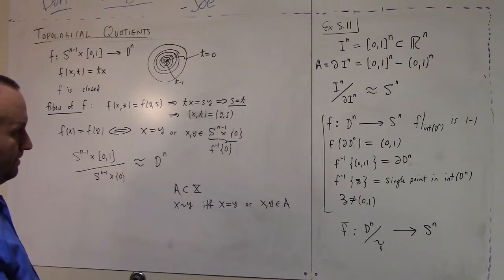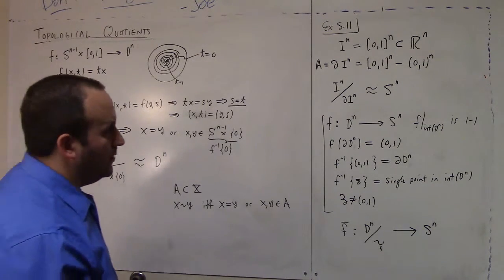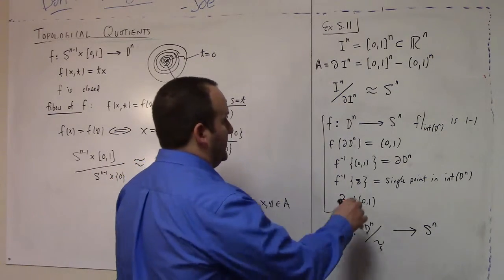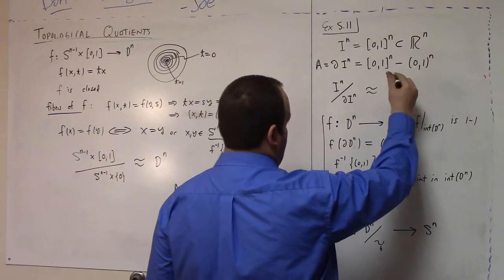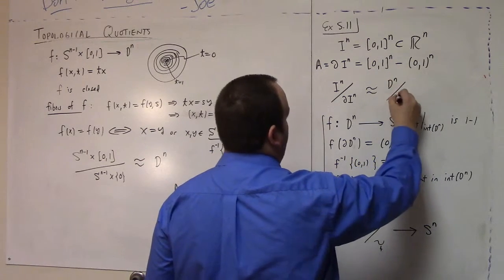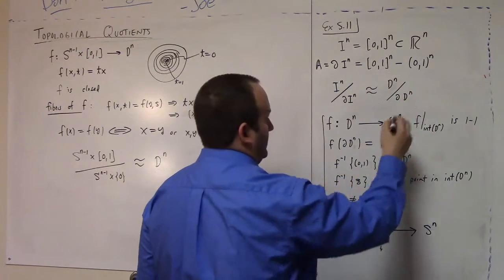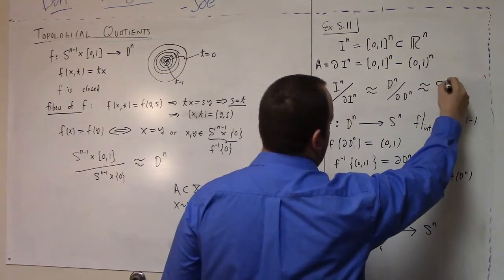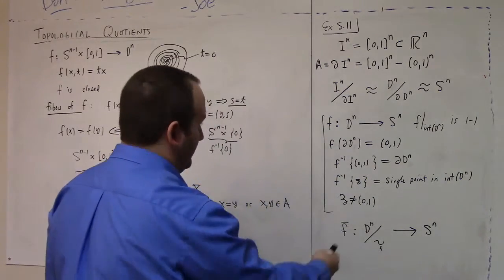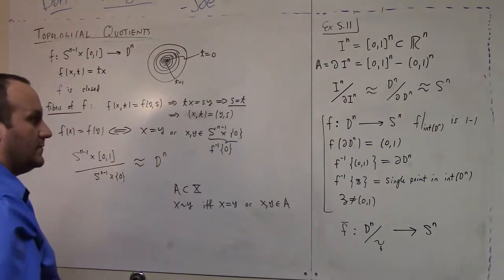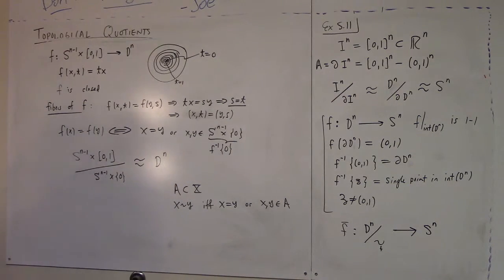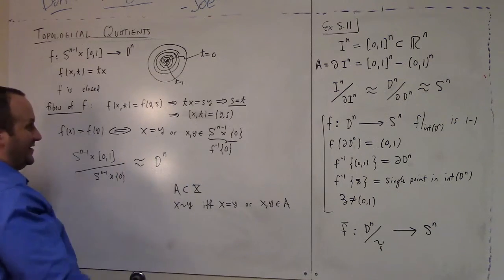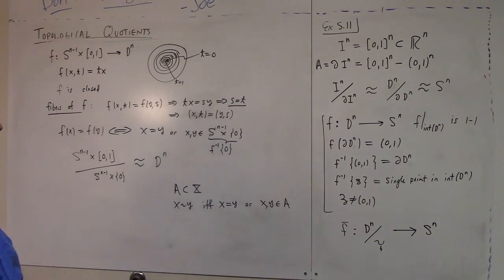So the argument is, this is homeomorphic to Dn mod the boundary of Dn, which is homeomorphic to Sn by example 5.7. And that has nothing to do with this. I was originally trying to make this part of the story, which is just nuts. That's just the previous example.